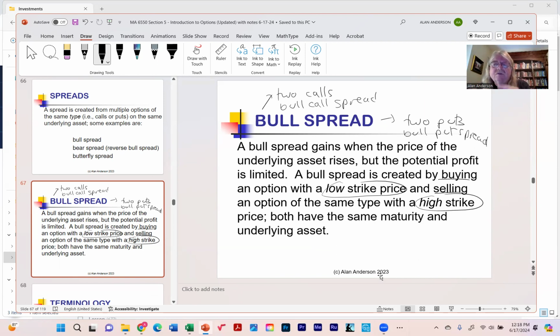As I said before, the same trader can be both a buyer and a seller. It's not the case that only some people are allowed to sell; everybody can do both. But here, the risk of selling the call with the high strike is largely offset by buying the call with the lower strike. So the net position is not that risky, but you still will benefit if prices go up.